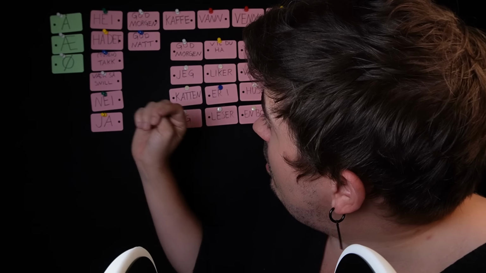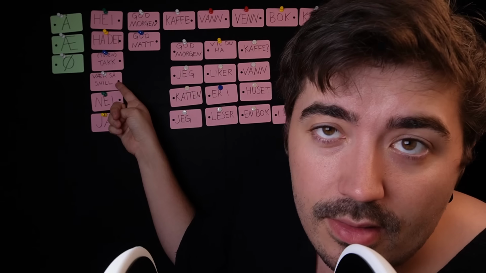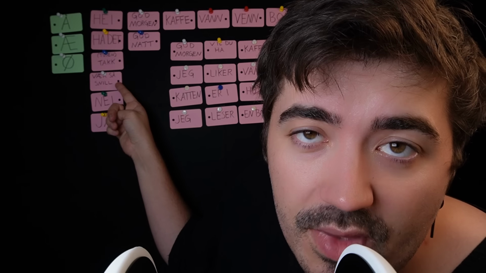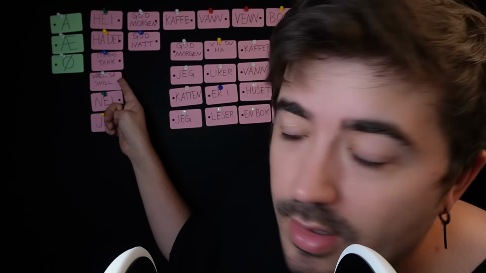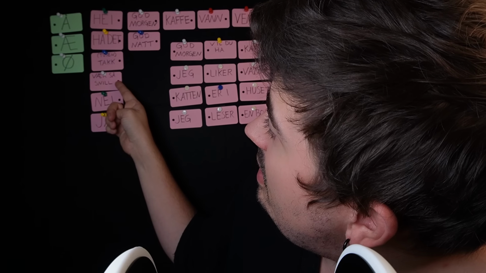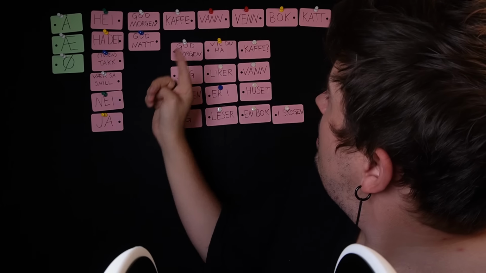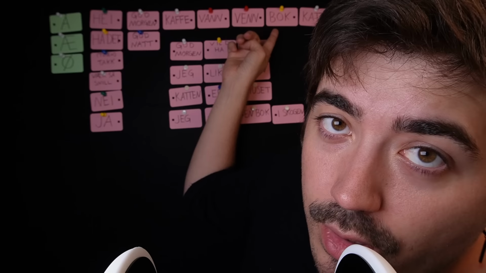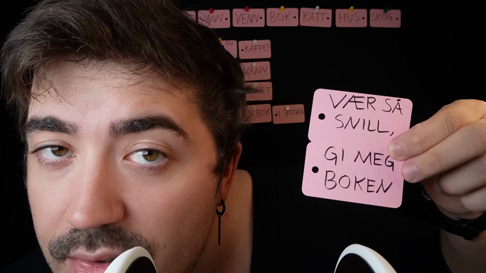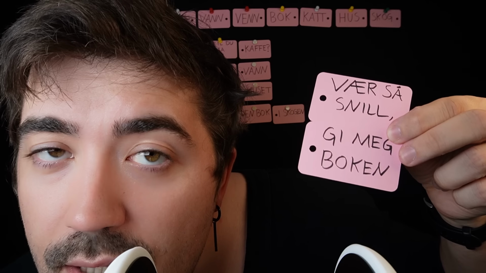So now we are going to go with Vær så snill, which is please. Something with please and bok. So we are going to say the sentence. Vær så snill. Gi meg boken.